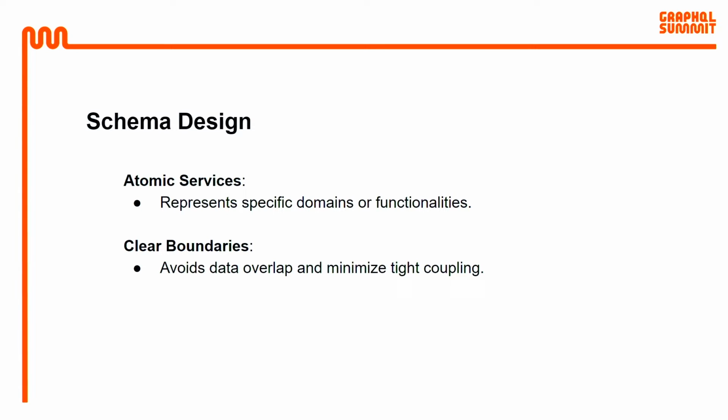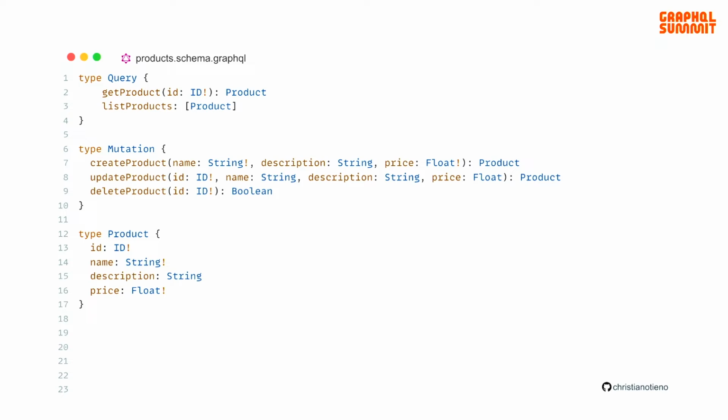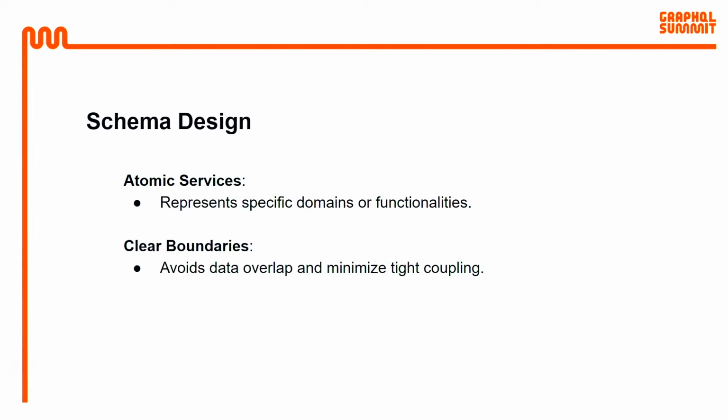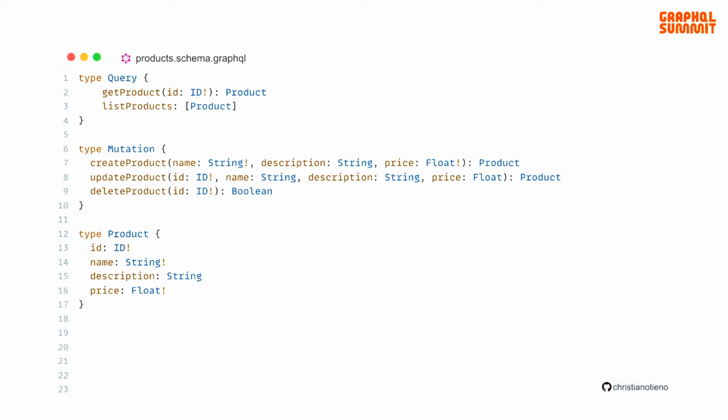So on the part of clear boundaries and ensuring that we have atomic services, we have some bit of code. In my presentation, we're going to have two subgraphs. One is going to be the user subgraph, the other one is going to be the product subgraph.